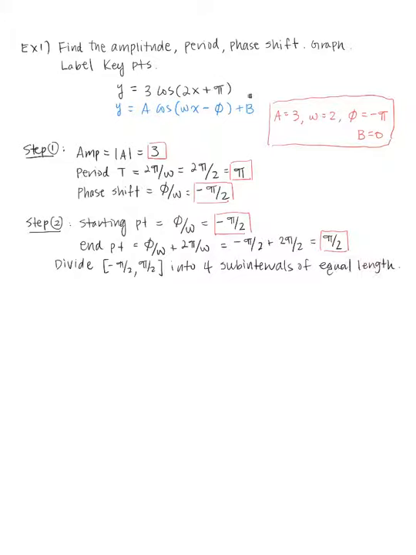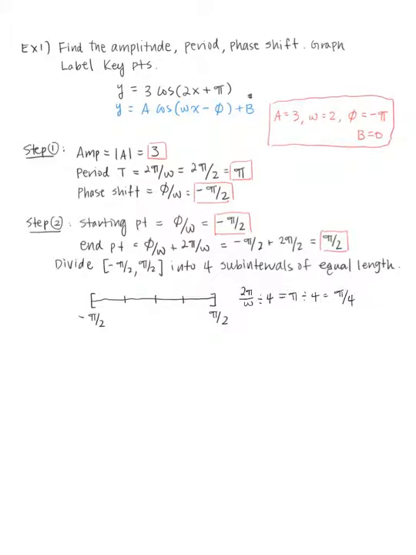So basically this is what's going on. We're going to start from the interval, starting at negative pi over 2 and ending at pi over 2, and then we're going to chop this into 4 equal pieces. In order to do that, let me see the length. So the length is what? 2 pi over omega divided by 4, which is pi divided by 4, which is pi over 4.